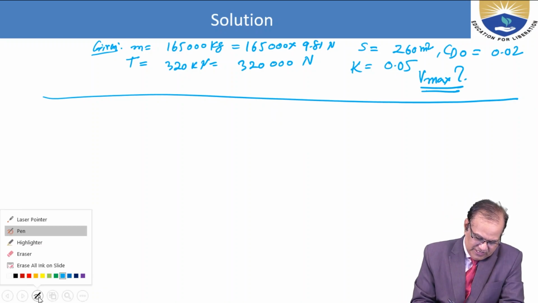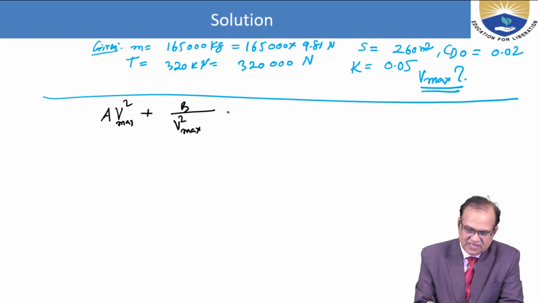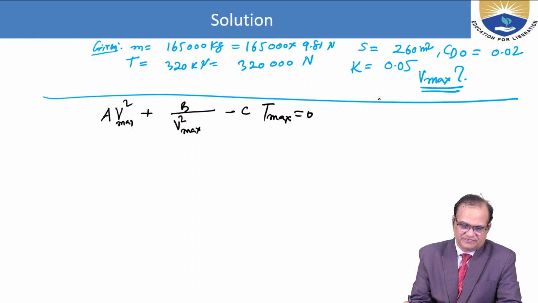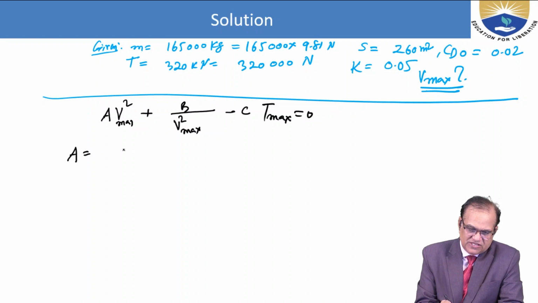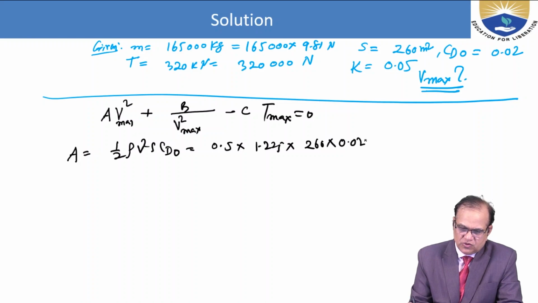And we know the equation that for maximum speed, A V max square plus B by V square max minus C T max is equal to 0, where A is equal to half rho S CD naught, and we can find out that 0.5 into 1.225 into 260 into 0.02. So you will get 3.185.